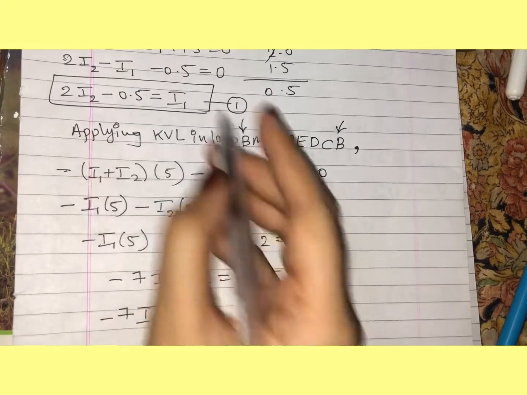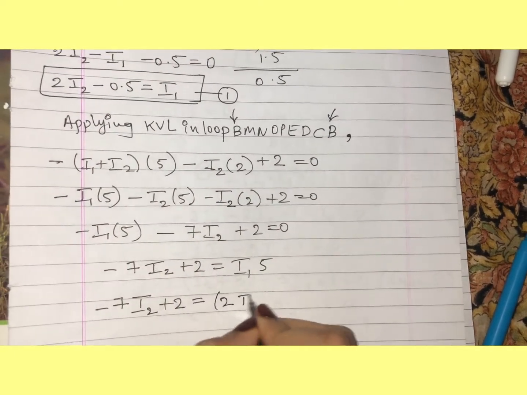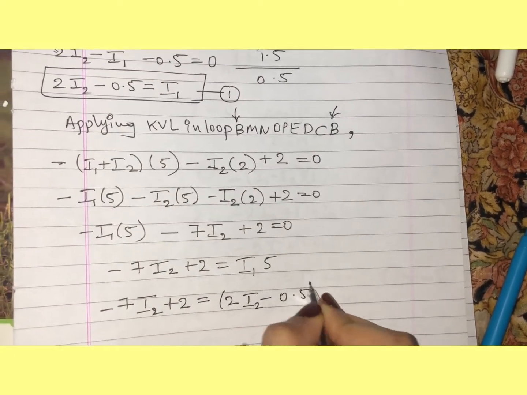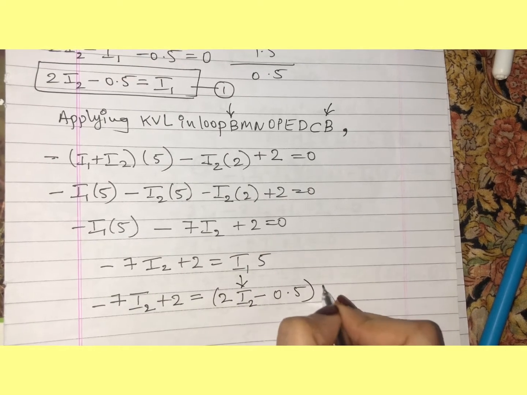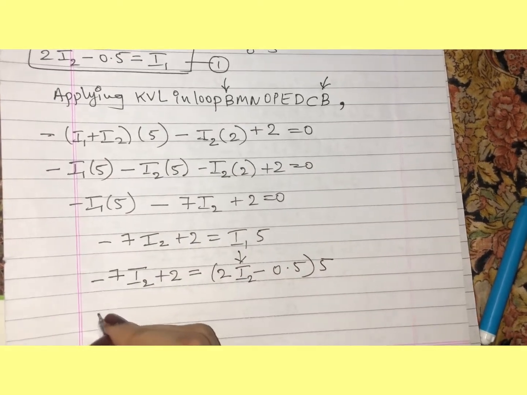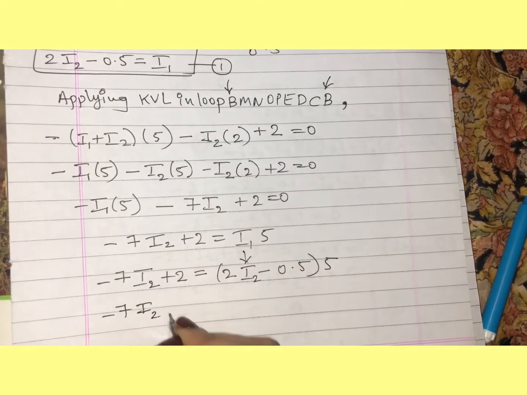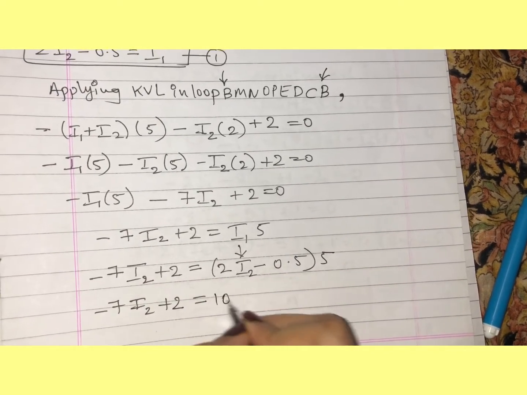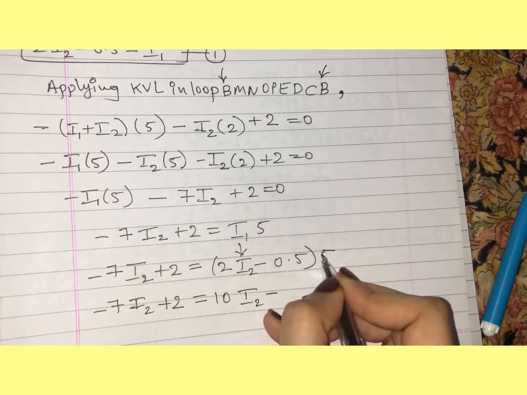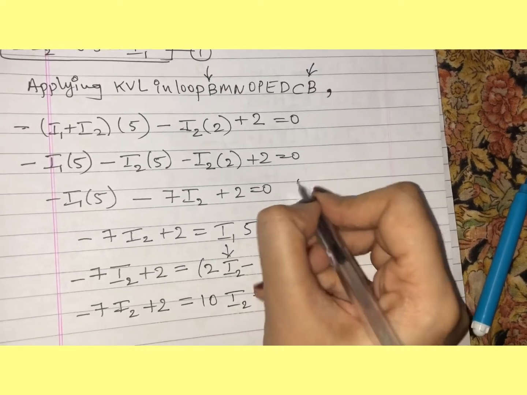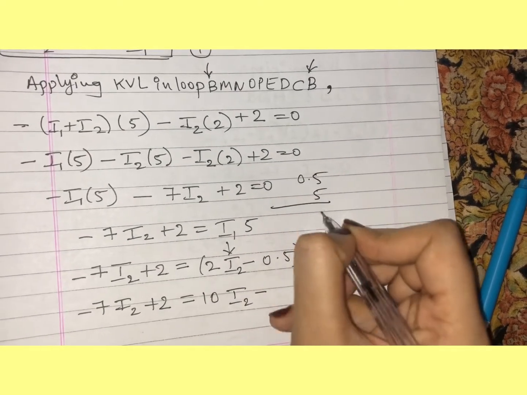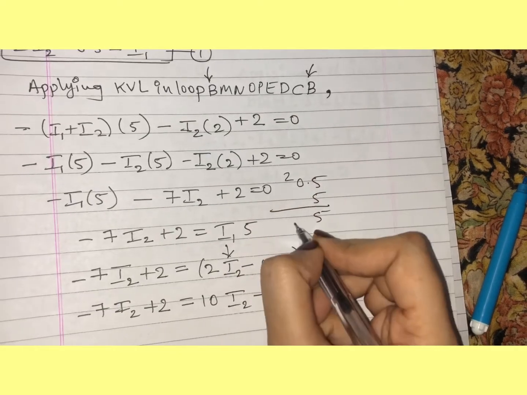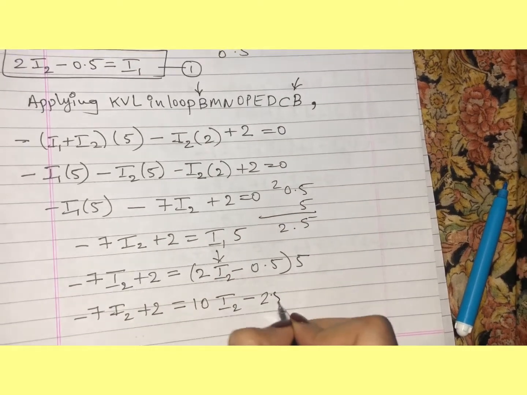I1 is 2 I2 minus 0.5. Substituting, minus 7 I2 plus 2 is equal to 5 times (2 I2 minus 0.5), which is 10 I2 minus 2.5.